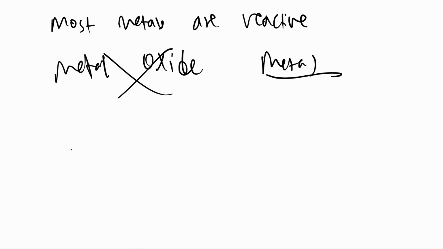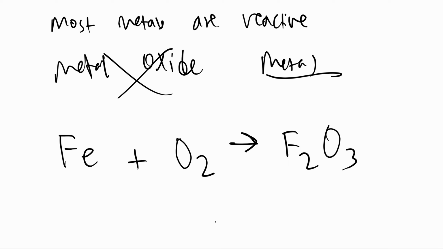Another example, iron gets oxidized with oxygen to form iron oxide. This iron oxide is what we commonly call rust. So this iron has been oxidized. We want this gone, so we need to reduce it.